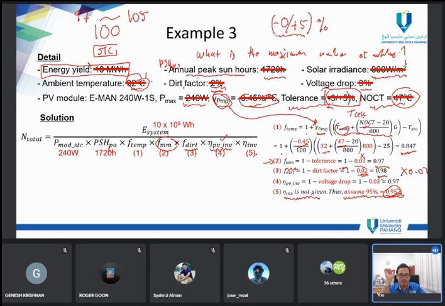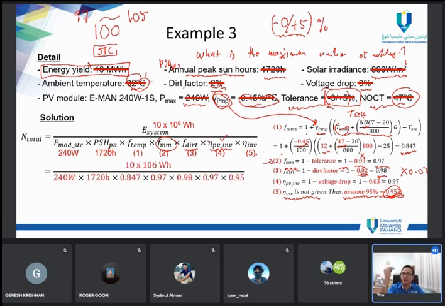I asked earlier because it is indeed not given here. So the inverter efficiency is purposely not given, that's why you assume 0.95.